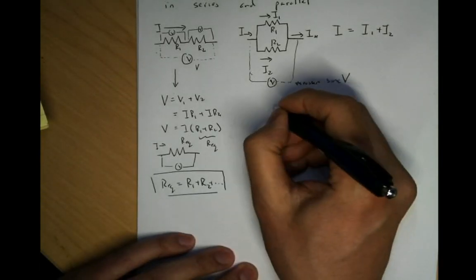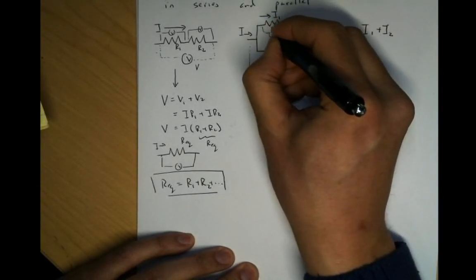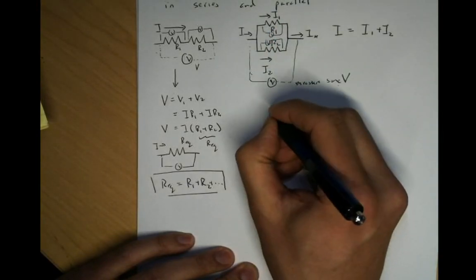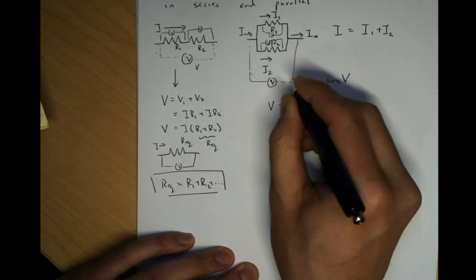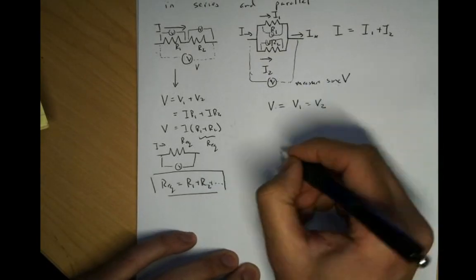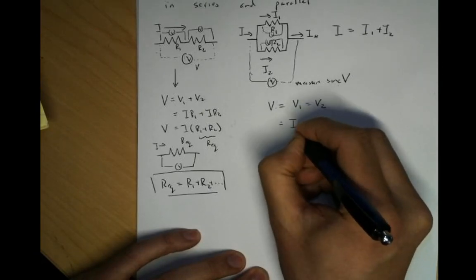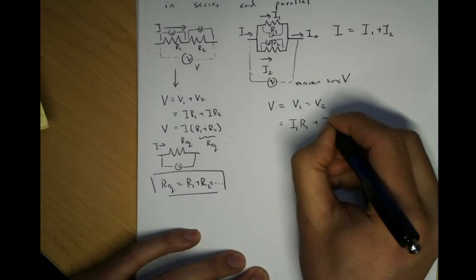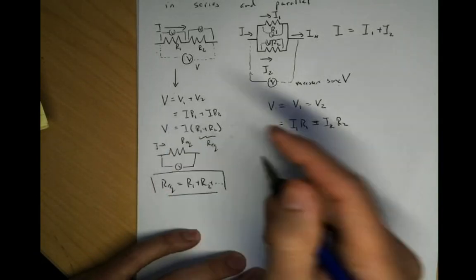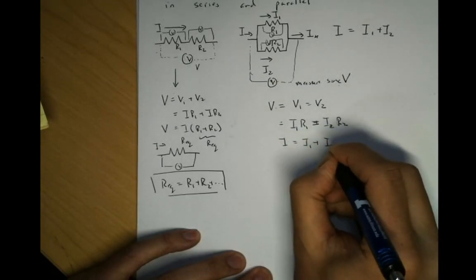Likewise, in parallel, you can measure two voltages across this way. The voltage V measured from these two terminals is equal to V1 equals V2, and each of these is I1 R1 equals I2 R2. Also we know that I is equal to I1 plus I2.